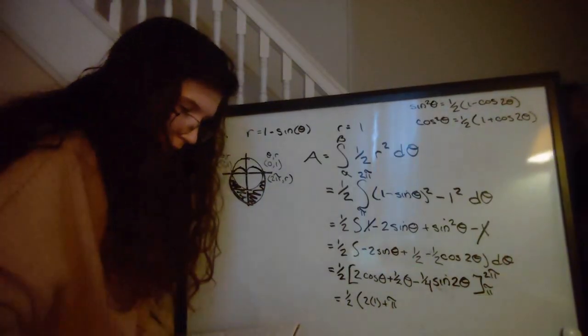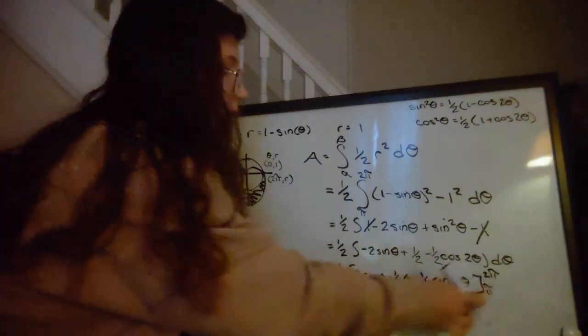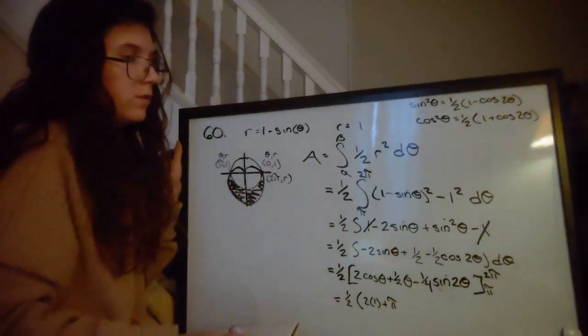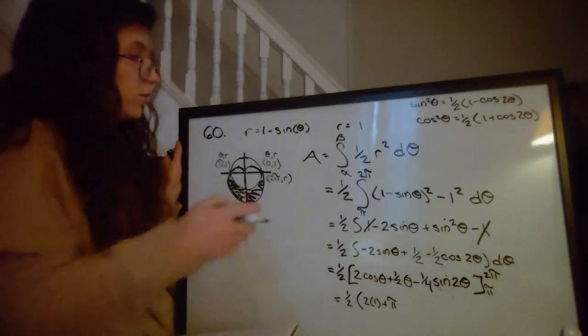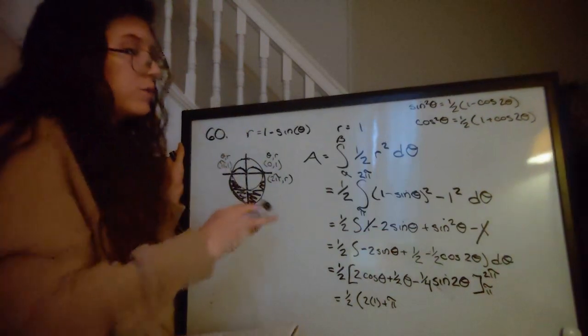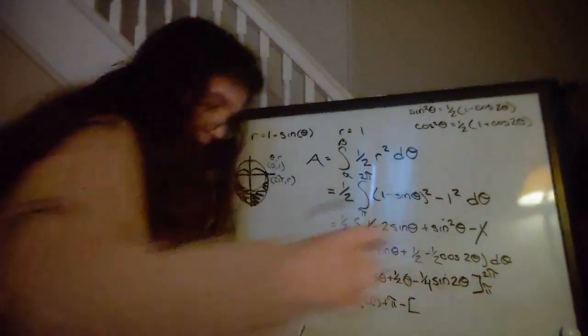And then plug in sine of 2 pi or 4 pi, and that actually equals 0. So we don't really need to worry about that portion, which is nice.